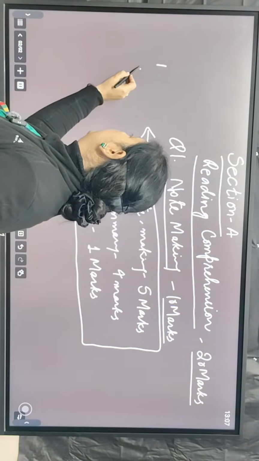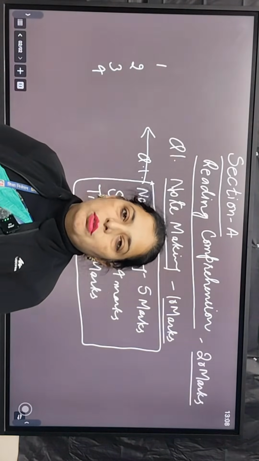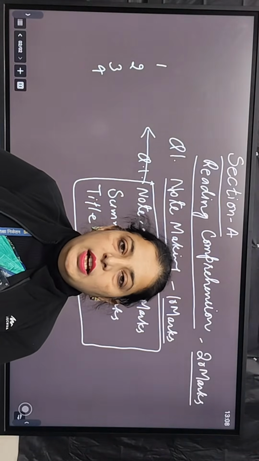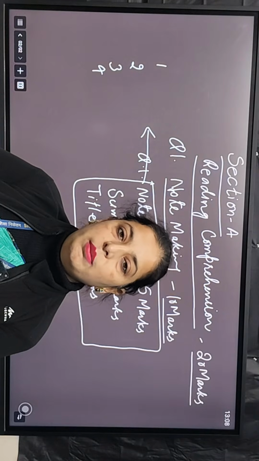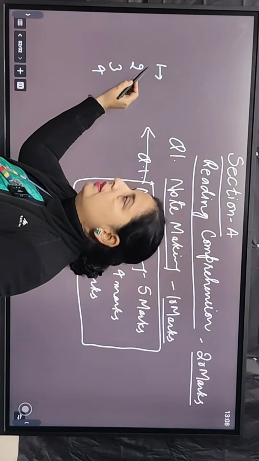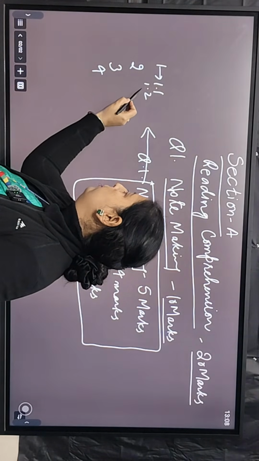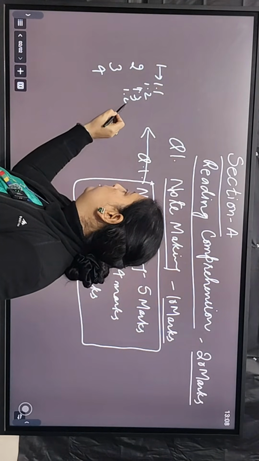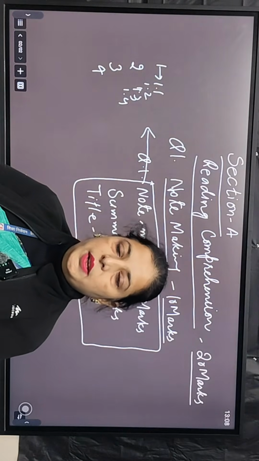I am saying minimum. And then we have to divide these main headings into subheadings. For example, our first point is a main heading, then it includes 1.1, then we can divide it into 1.2, 1.3 and 1.4 minimum. Maximum you can write 5 or 6 points in that.